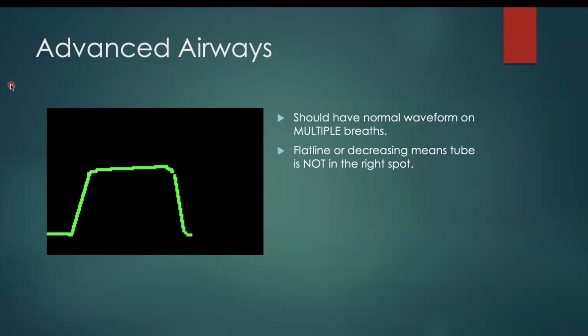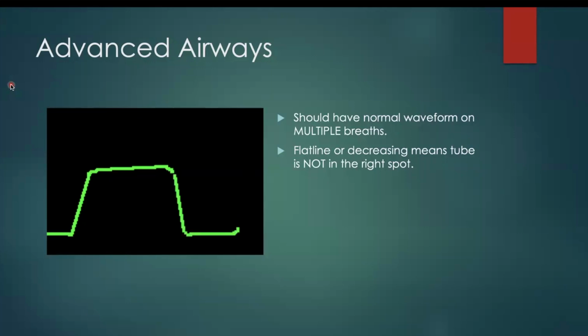It also is not going to look normal because it's not a normal exhalation. It's the stomach and the esophagus. So whenever we are using end-tidal capnography, et cetera, we need to make sure that we are doing this on multiple breaths and not just going with the first breath and, oh, hey, look, we've got carbon dioxide.